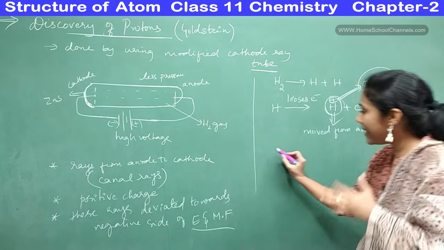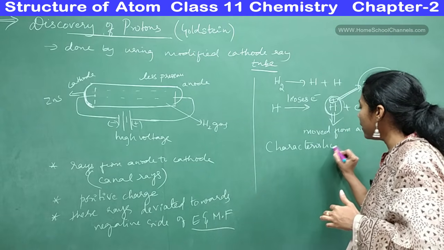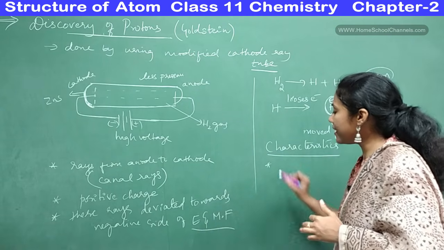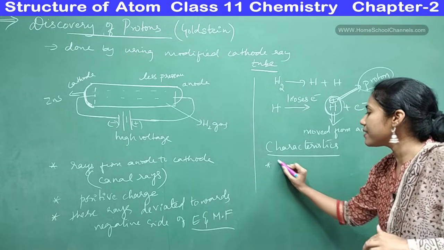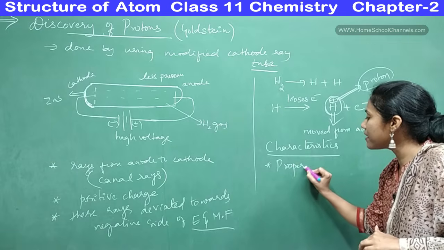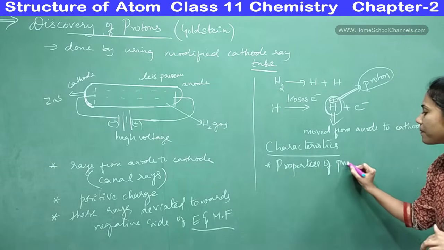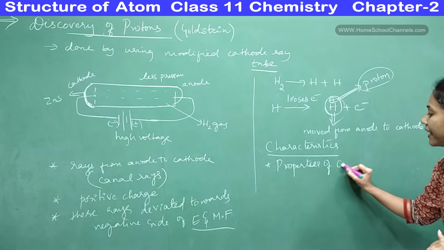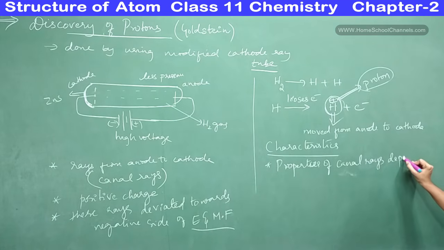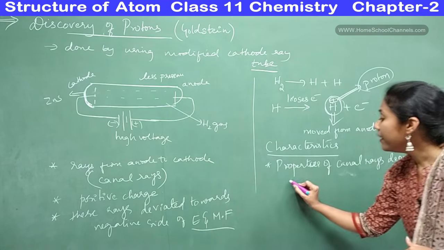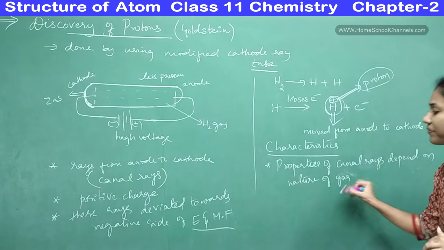So the very, very important characteristics I am listing out here. The first characteristic, let me write it as properties. Properties of protons, or let me call it Canal Rays only. Properties of Canal Rays depend on the nature of gas, isn't it?